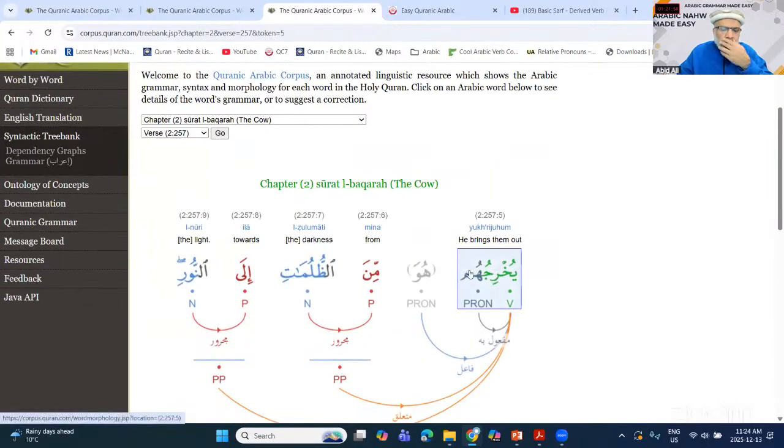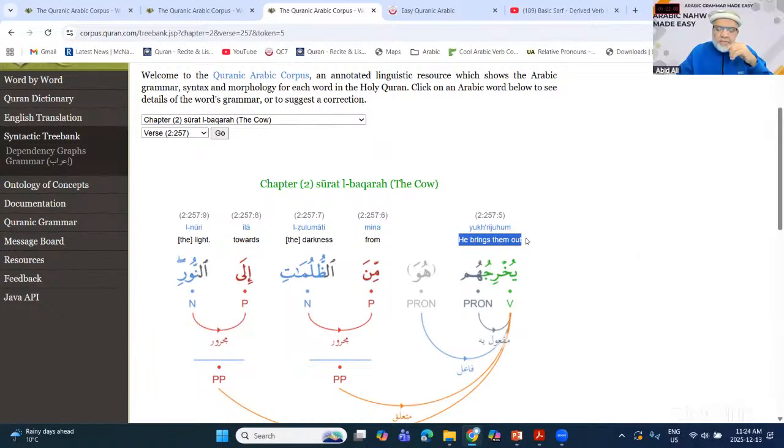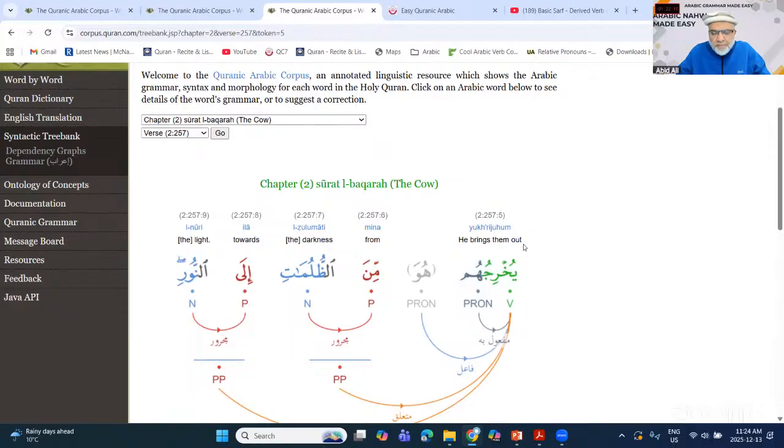What is yukhrijuhum? He brings them out. Is it fi'lul lazim or fi'lul mudari? Brother Imran, is it fi'lul lazim or fi'lul mutaaddi? Mutaaddi. Why? Because there is an object in there.